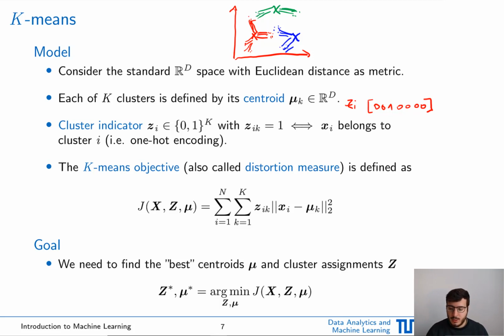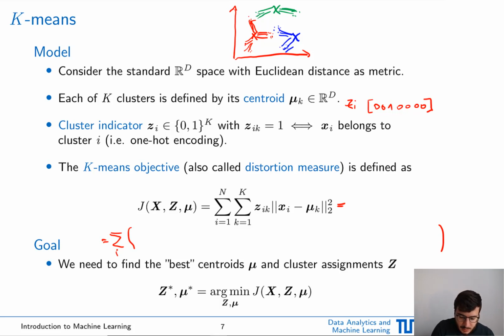We can also look at this a different way if we take this objective function and open it up. We write down this sum over k to see what's going on. So this is now the sum over all data points i, and let's say that in this example we have only 3 clusters.